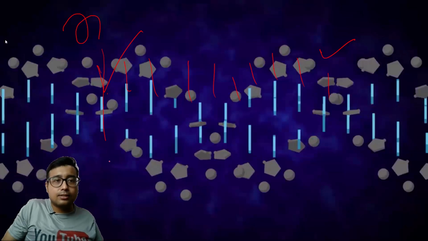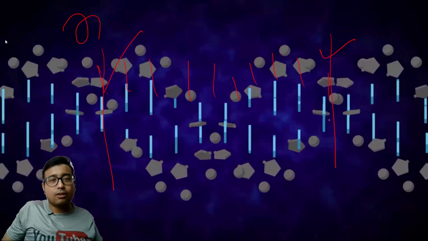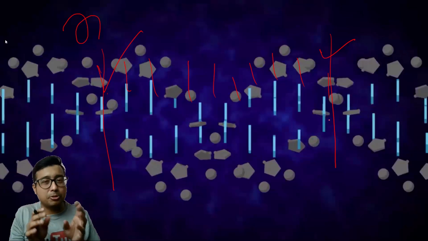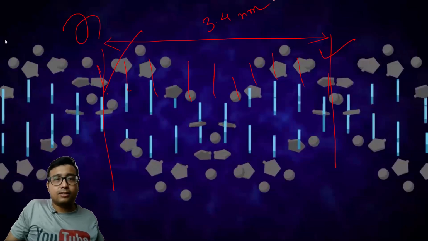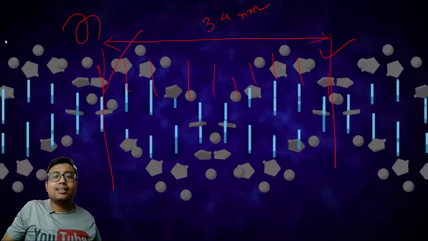This is important for you. Why? Because you need to know the distance between them. The total distance is 3.4 nanometers, and the distance between each nucleotide is 0.34 nanometer.